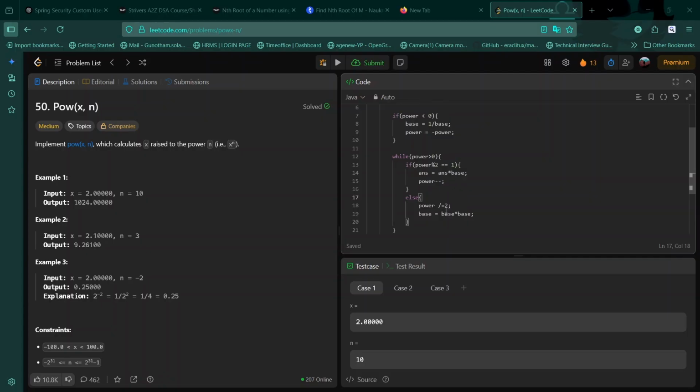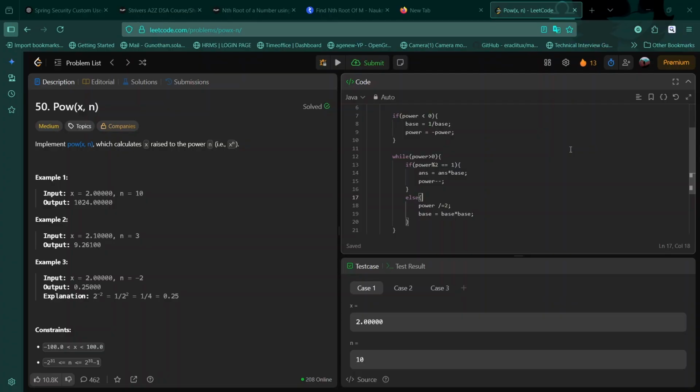Suppose I explain it this way. Suppose we have a number and we need to find the nth power of a number. So suppose we have 2 to the power of 10, and we need to find the value of that.